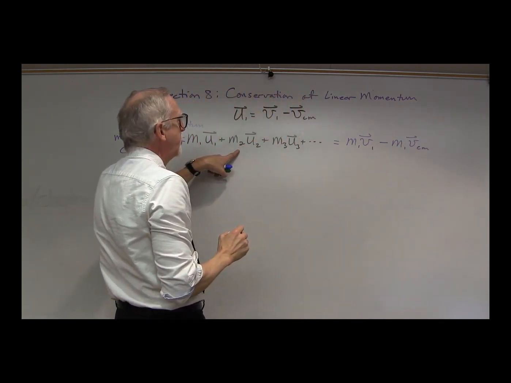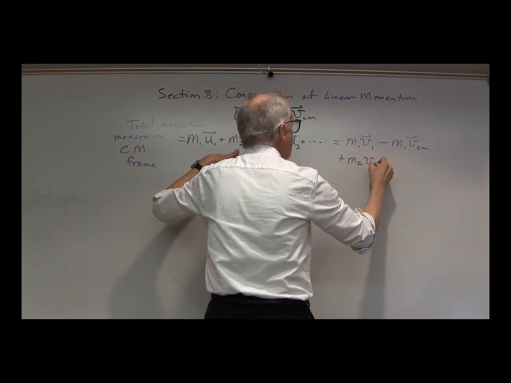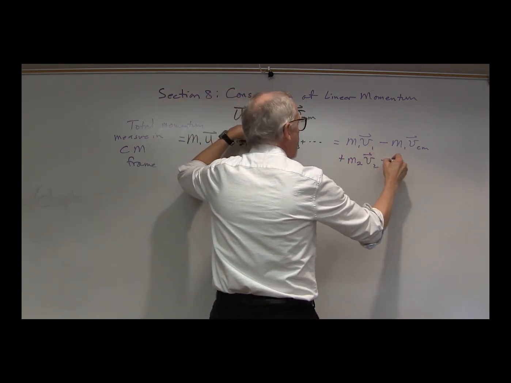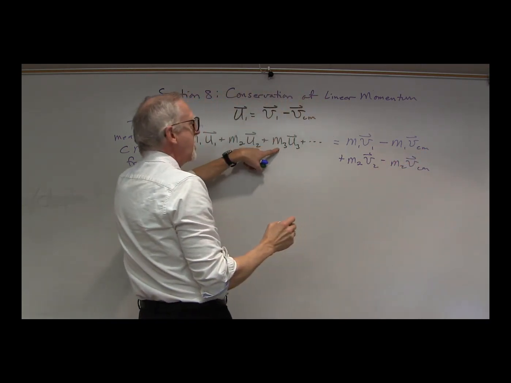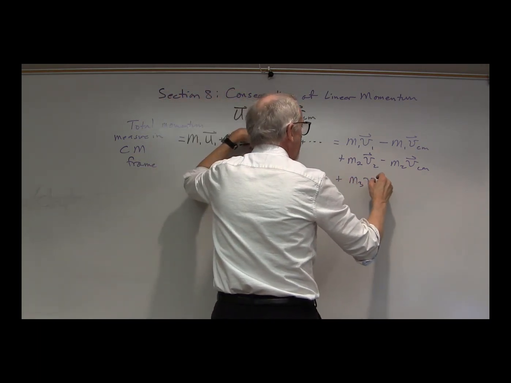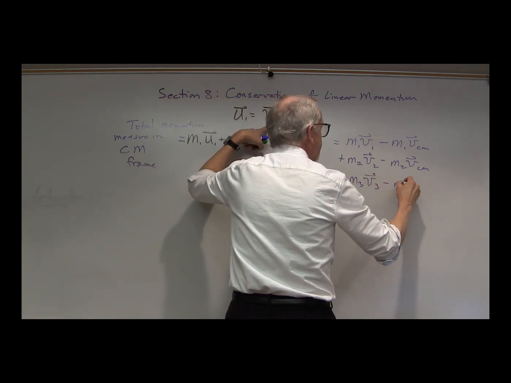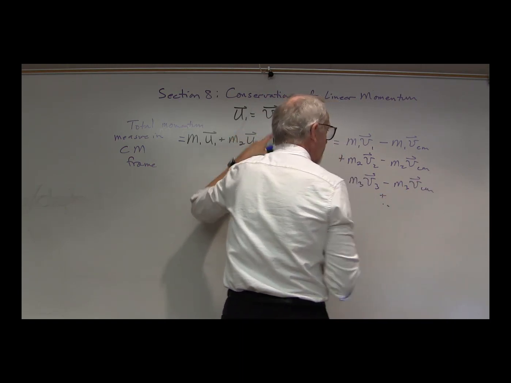And then M2U2 will be plus M2V2 minus M2VCM. And then M3U3 will be plus M3V3 minus M3VCM, okay, plus et cetera, et cetera.